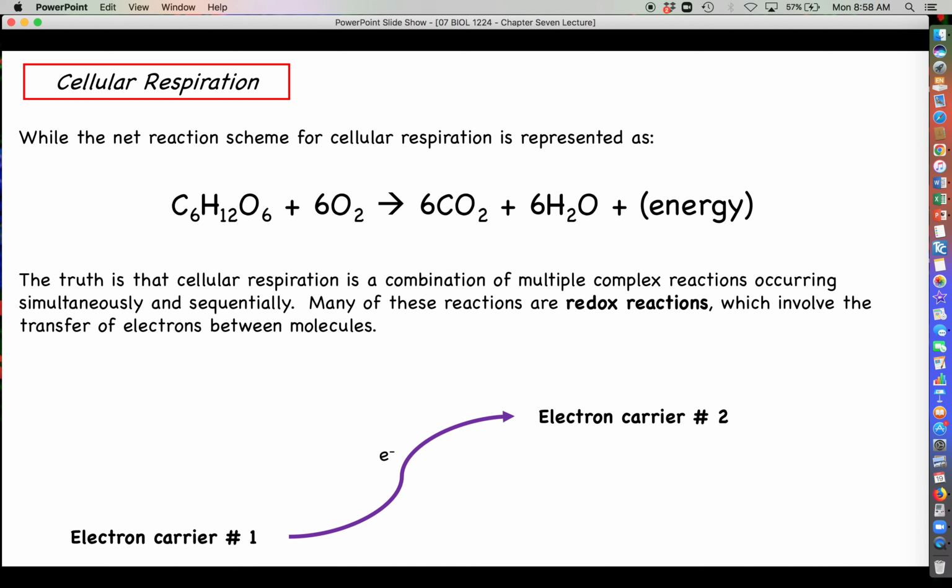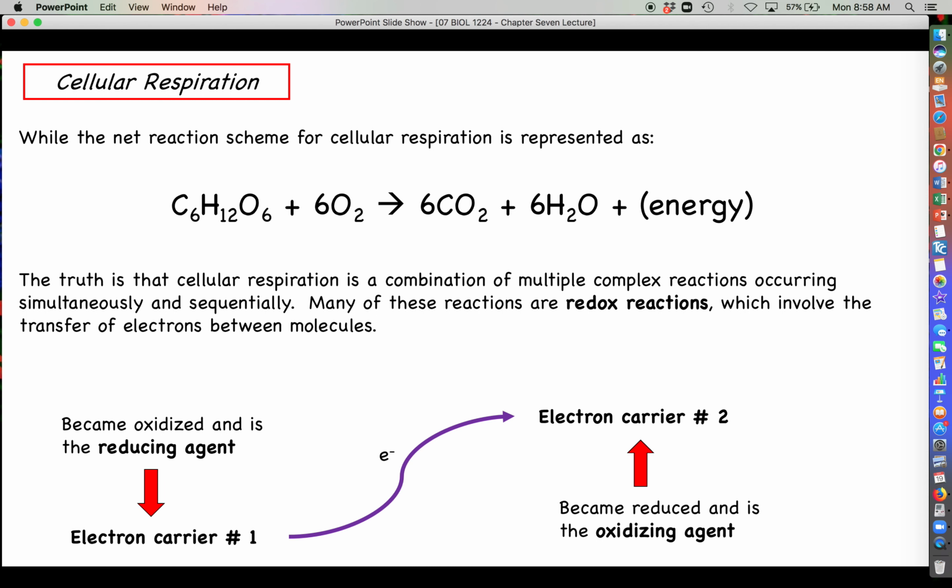There is some important terminology here. When electron carrier number 1 loses its electrons, we say that it has become oxidized. Oxidation is the process of losing electrons. When the electrons get transferred over to electron carrier number 2, we say that it has been reduced. Reduction is the process of gaining electrons.